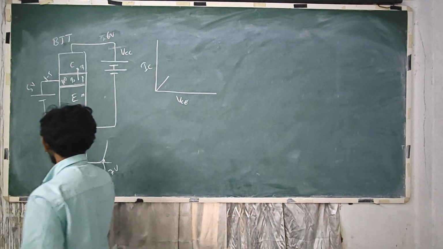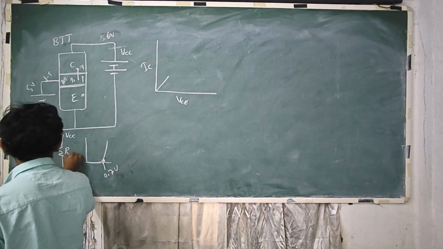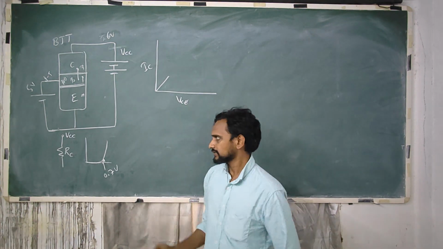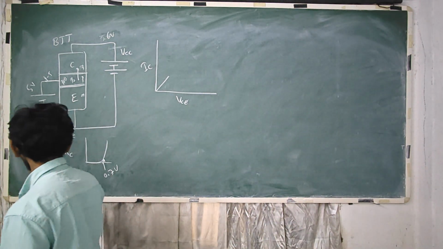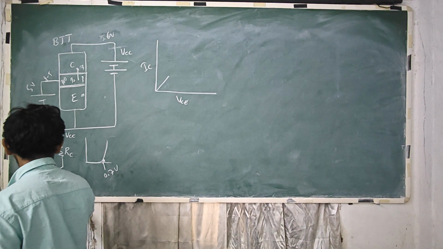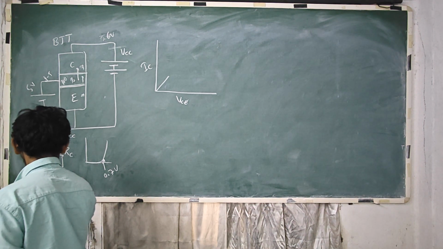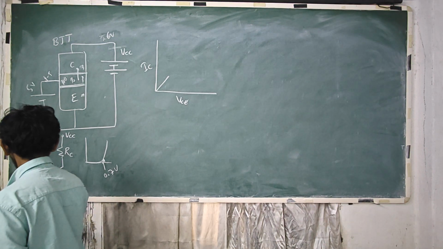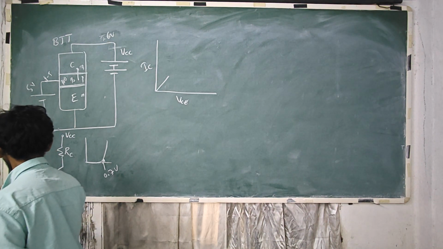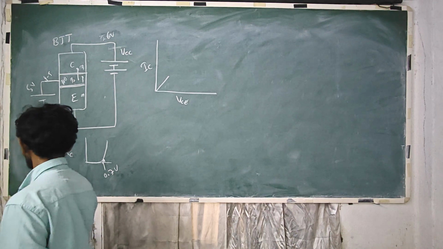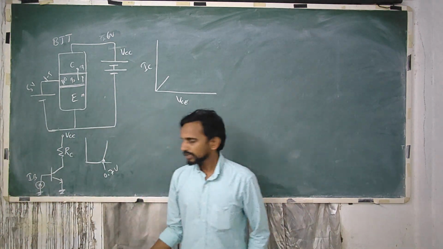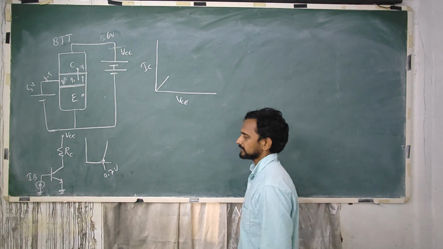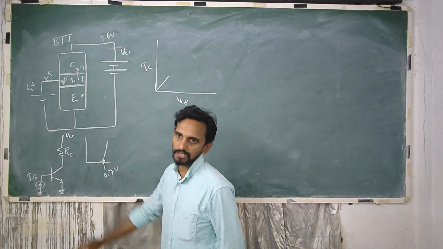So this is VCC, and let's say this is RC, resistor connected to the collector. Okay, this is an alternative way of representing the transistor circuit in common emitter configuration.